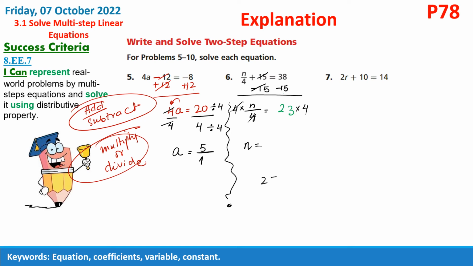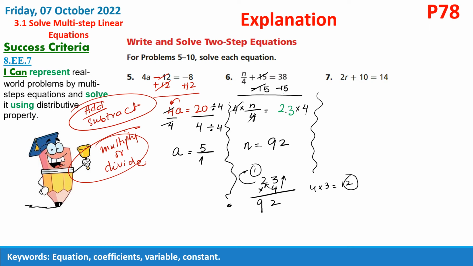Let's multiply 23 times 4. 4 times 3 is 12. So we will write only the 2 down and 1 up. 4 times 2 is 8 and 8 plus 1 is 9. So 23 times 4 gives us the answer as 92.